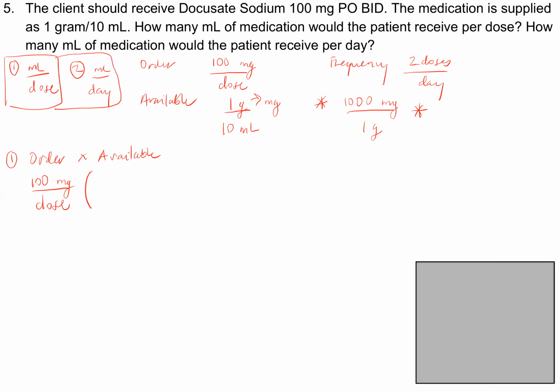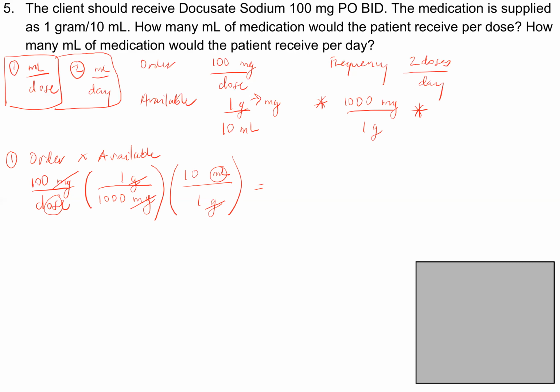So we're going to have 1,000 milligrams over 1 gram. And we want to go ahead and cancel out our grams. So you're going to have mLs in the numerator, grams in the denominator. So as you can see, our milligram units cancel, our gram units cancel, and we're left with mLs per dose.